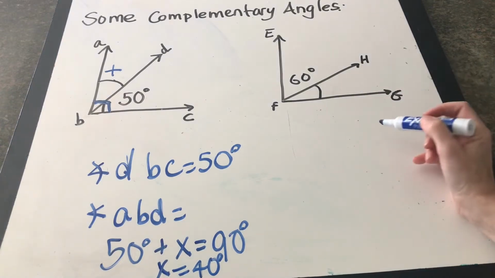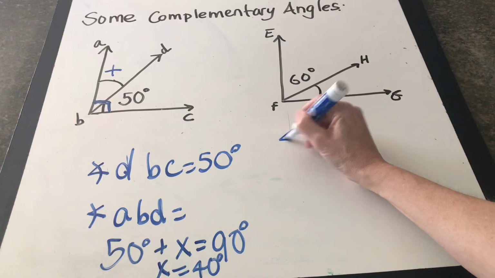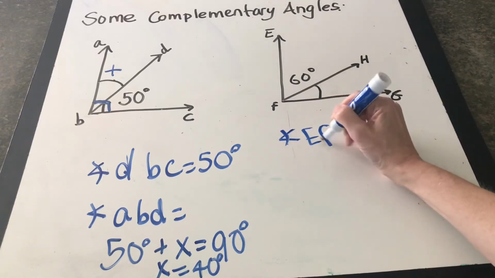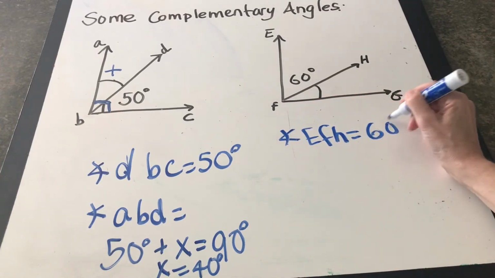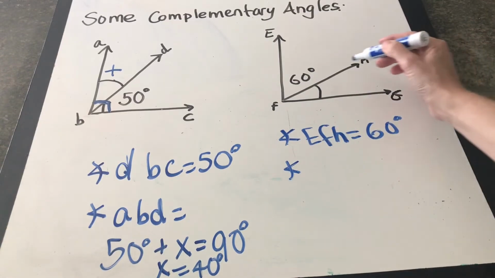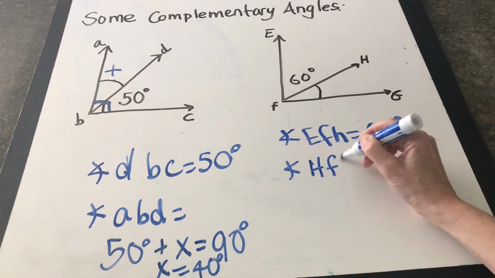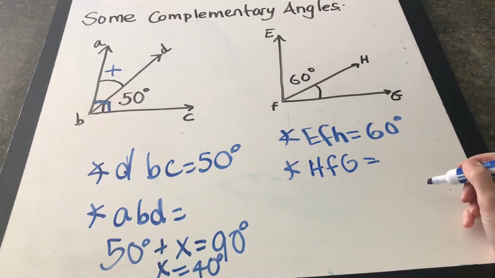Let's look at another one here. In this corner, we have EFH, so we have angle EFH is equal to 60 degrees. And if they're asking you to find the value of HFG, what is the value of HFG?